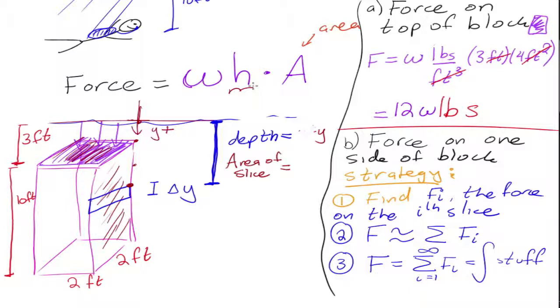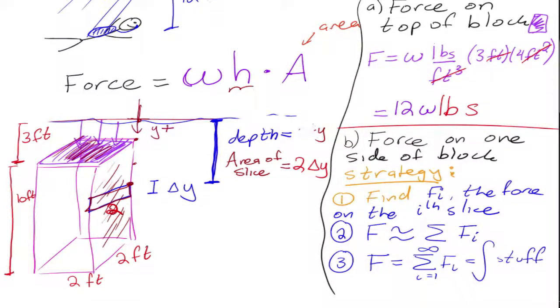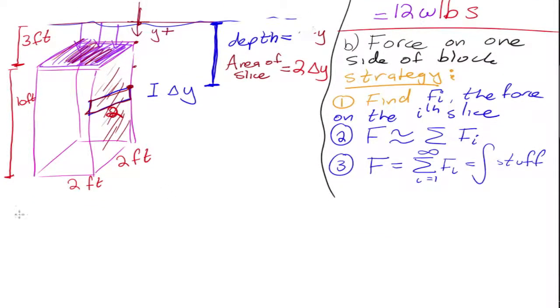But then what about, what's the area of the slice? 2 delta y, right? Because this is 2, right? So this is equal to 2, and then the width is delta y. So then, let's go down here a little bit. So this means that the force acting on this slice right here that I drew is equal to fluid density times the depth, which we said was y, times the area of the slice, which is 2 delta y, right?